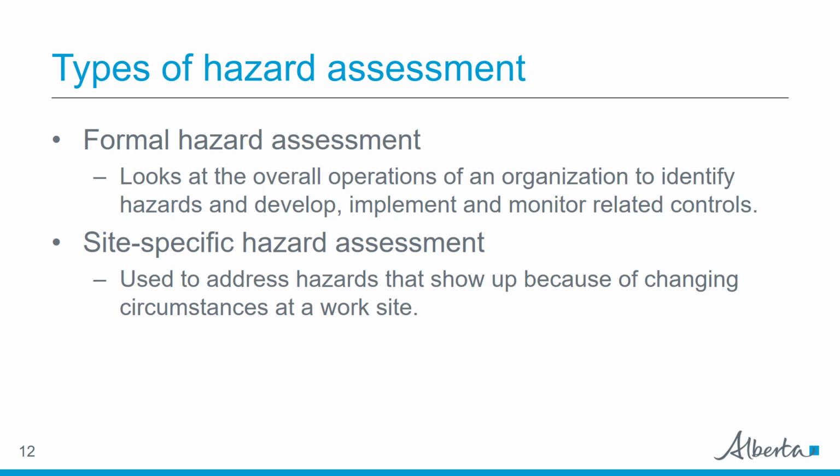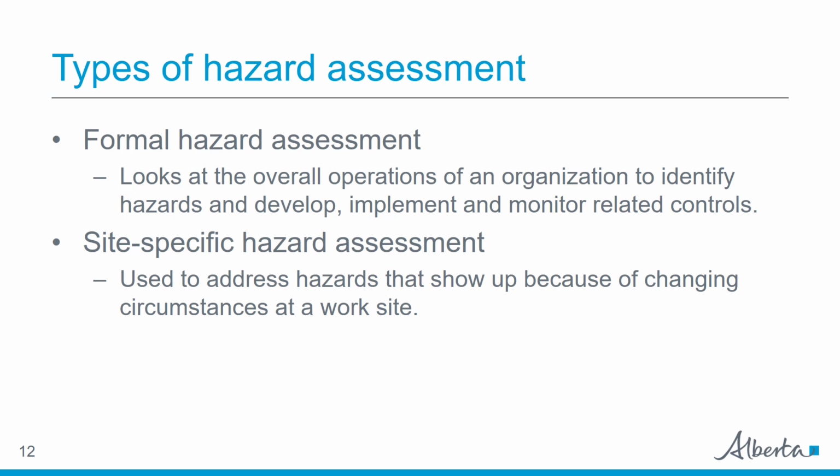Some workplaces also do something called a site-specific hazard assessment, also known as a field-level hazard assessment. Site-specific hazard assessments are used to address hazards that show up because of changing circumstances at the work site. They check for hazards before work starts at a site and at a site where conditions change or when non-routine work is added.